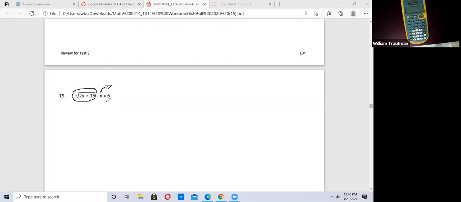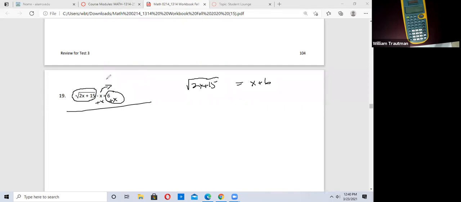I need to take the x to the other side. It's a minus x, so I'm going to add x to both sides. I'm left with the square root of 2x plus 15. And the x went to the other side with a positive 6 over there. Instead of 6 plus x, I'm just putting x plus 6.